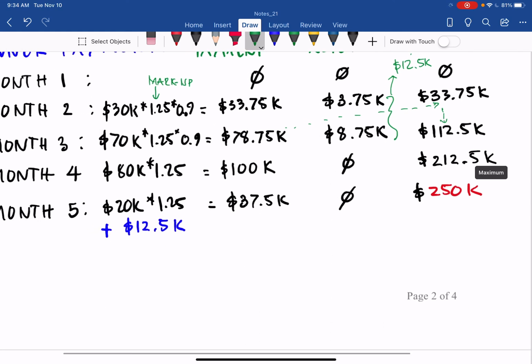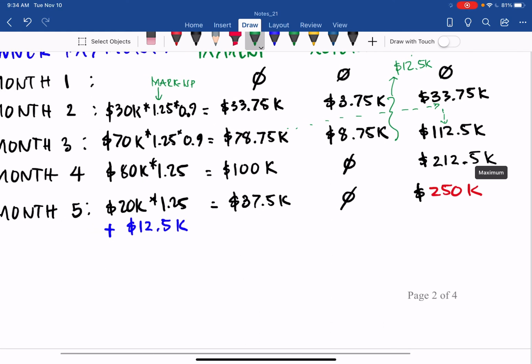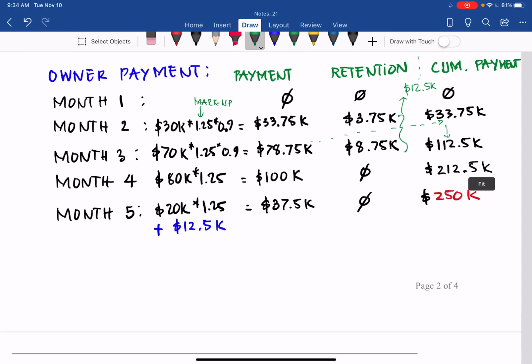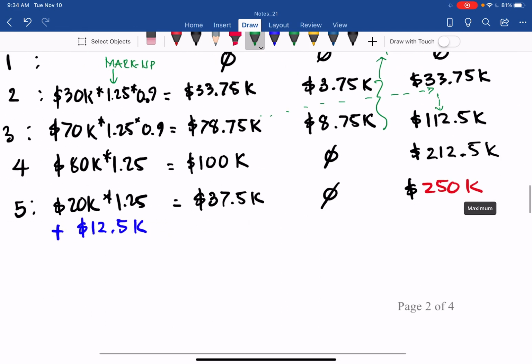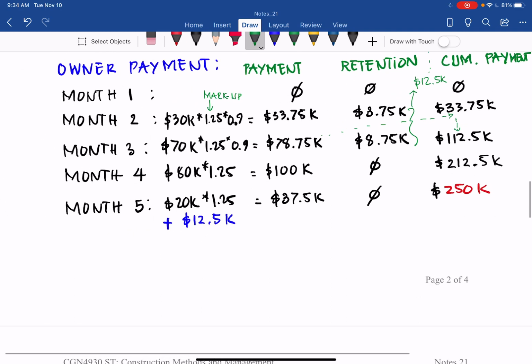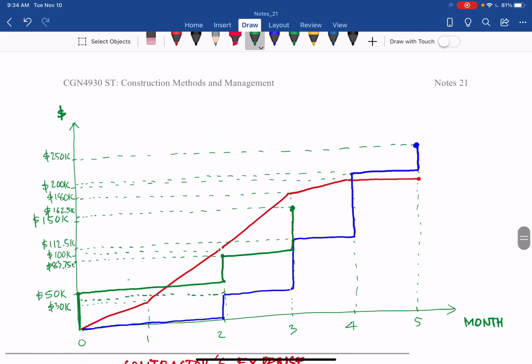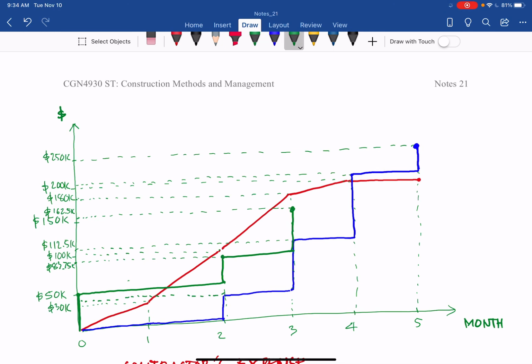So it means 262,500, but that already exceeds the contract amount of 250. So in this case the owner pays the maximum, the contract amount. So it will go to 250,000, the maximum, after month 4. After month 4, of course, the owner has already paid up to the 250 amount, so it will not pay in the last month in this case.